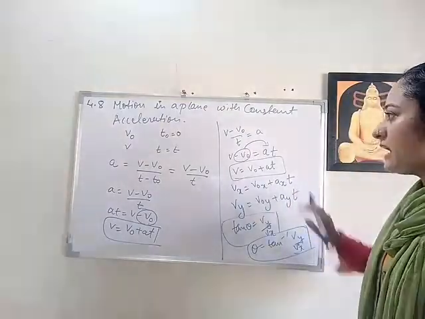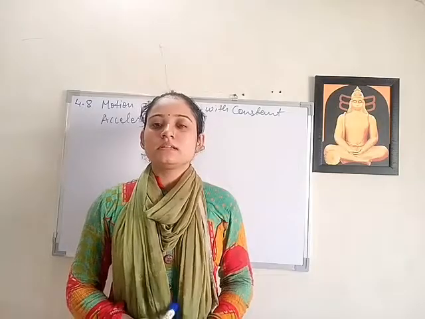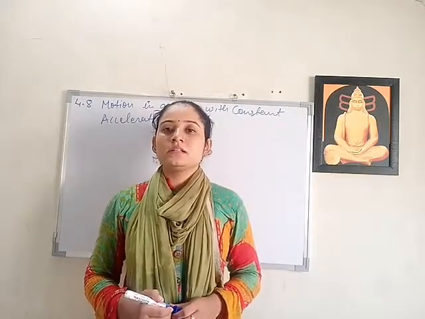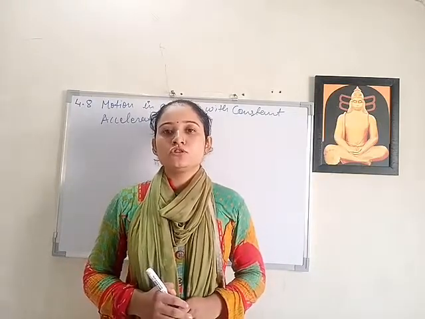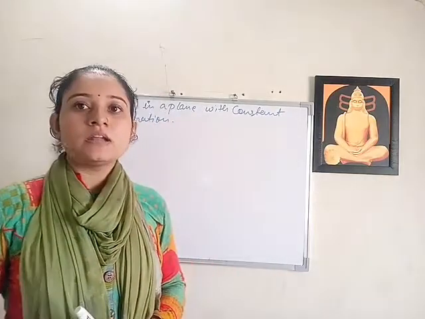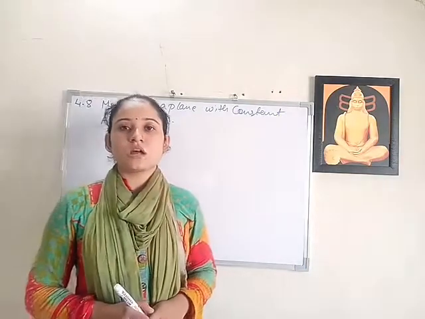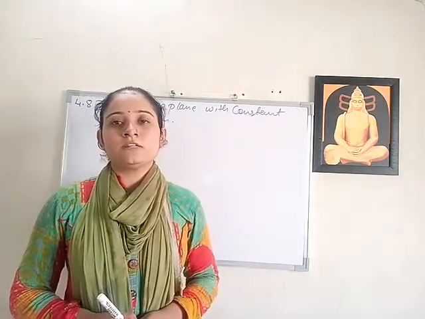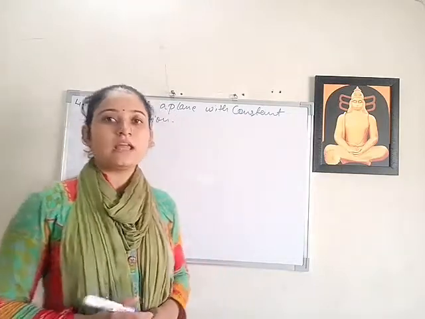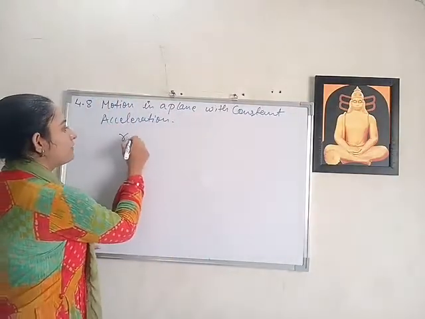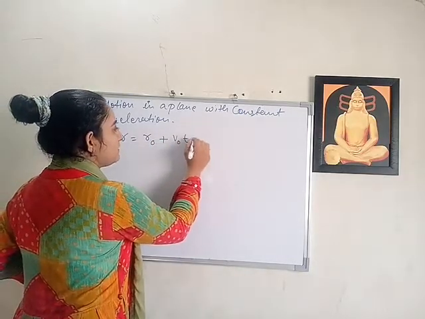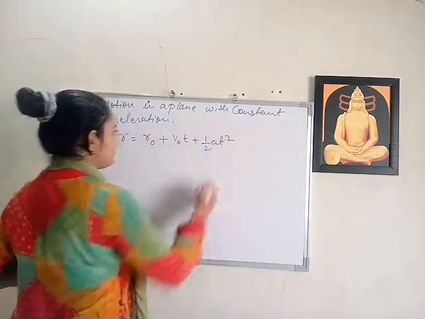Clear? Now consider the motion in a plane in two dimensions can be considered separately, as motion in one dimension in perpendicular directions. Now we consider the initial position r0 and another final position r, velocity v and acceleration a, and we will have the formula r will be equal to r0 plus v0t plus half at square.